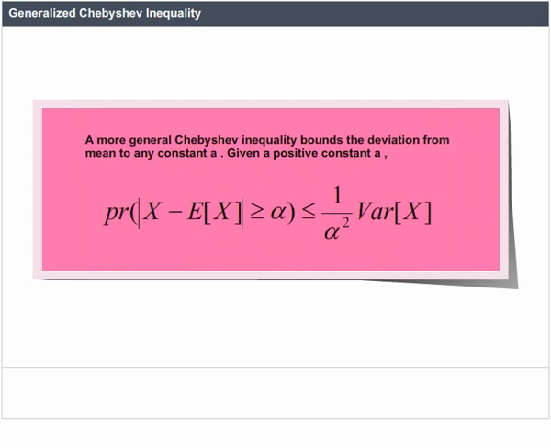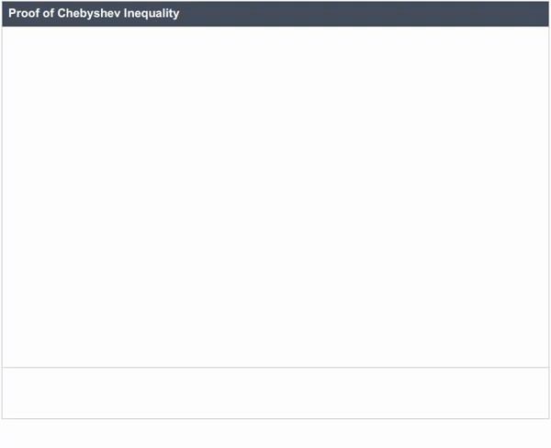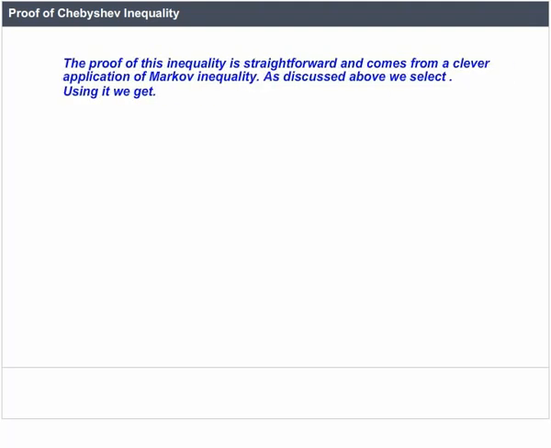Proof of Chebyshev inequality. The proof of this inequality is straightforward and comes from a clever application of the Markov inequality. As discussed above, we select f of x equal to modulus of x minus E of x, whole square.